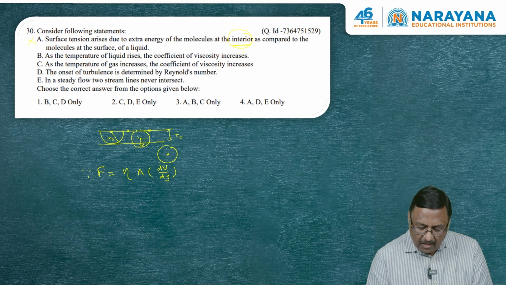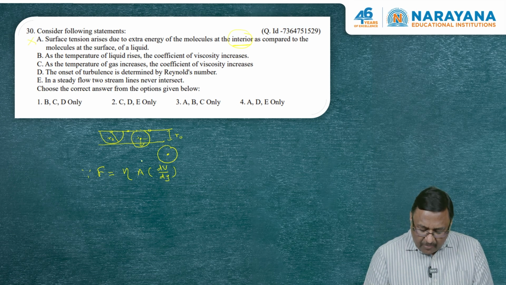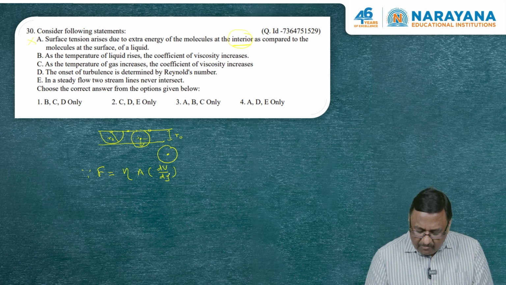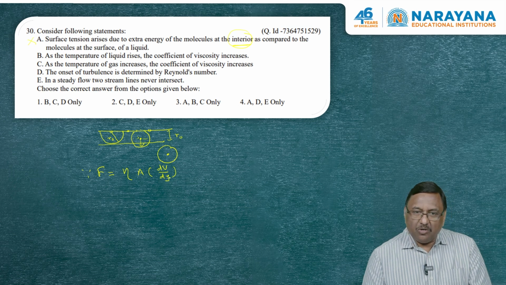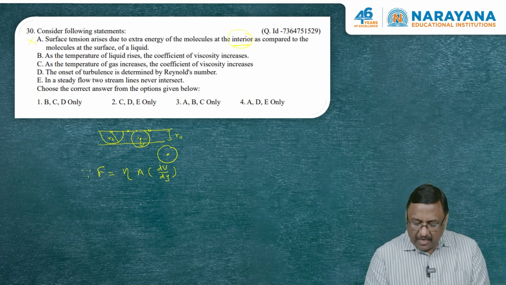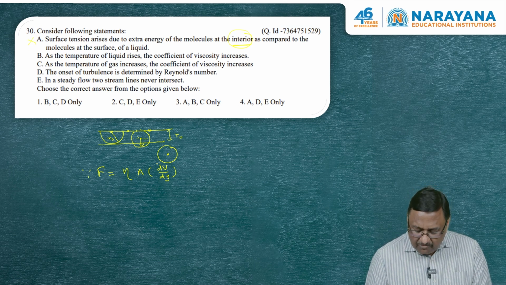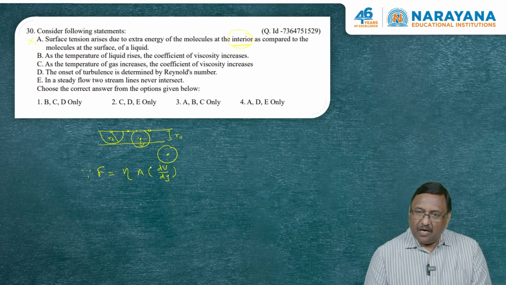How can you say this? Because the moment the temperature is being increased, dV upon dy is going to become a smaller quantity, because the velocity will change more per unit change in length, because the molecules are running, since I'm increasing the temperature, so they move very conveniently. So as the temperature of the liquid rises, this dV upon dy factor is going to be a decreasing quantity.